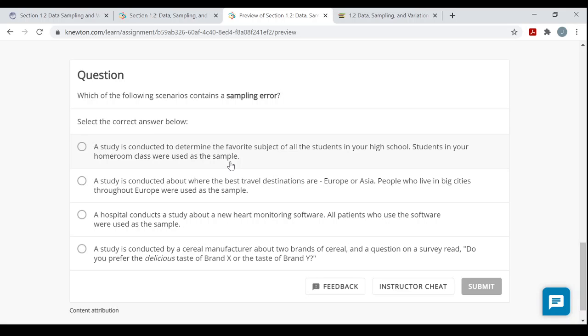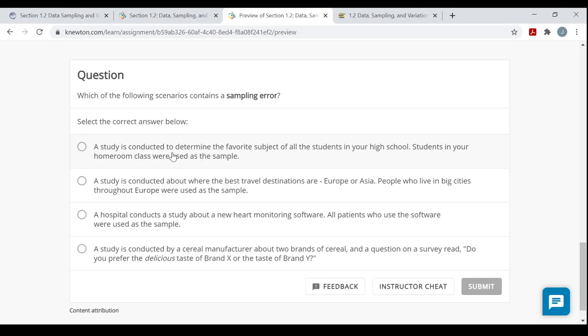I would think that this might cause a sampling error because you're trying to determine the favorite subjects of all the students in your high school, but you're only taking students from your homeroom class, one class. So there's a possibility for, well, that's more like sampling bias actually, where not everybody in the school has an equal chance of being selected.